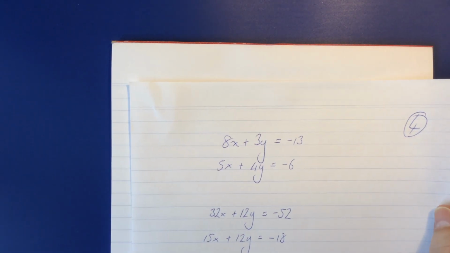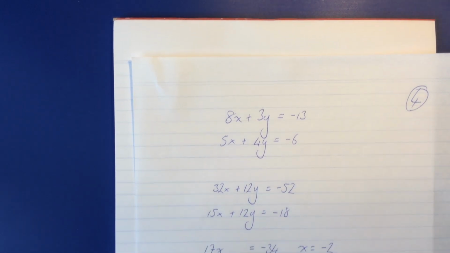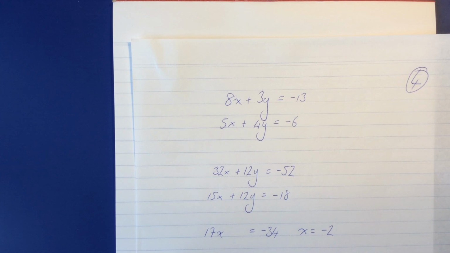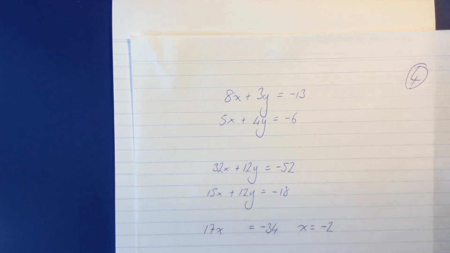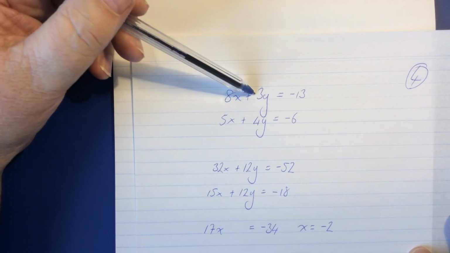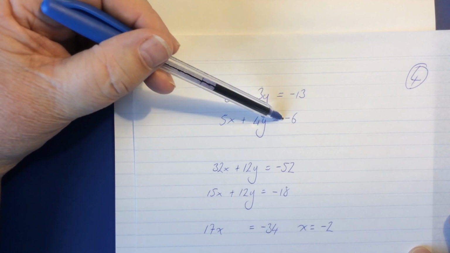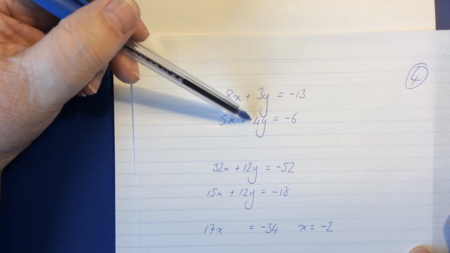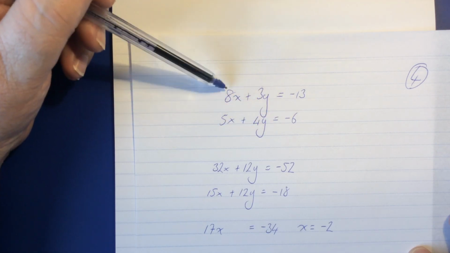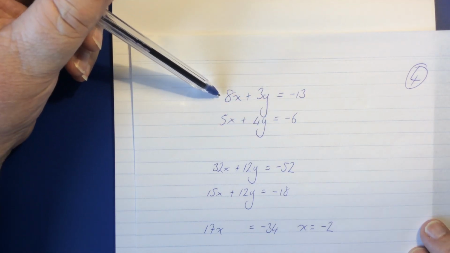So again, this is elimination, and I've left a few blanks in here so that you can see some of the working. We've got two equations, 8x plus 3y equals negative 13, and 5x plus 4y equals negative 6. Now, there's no easy way to getting these things to equal each other.